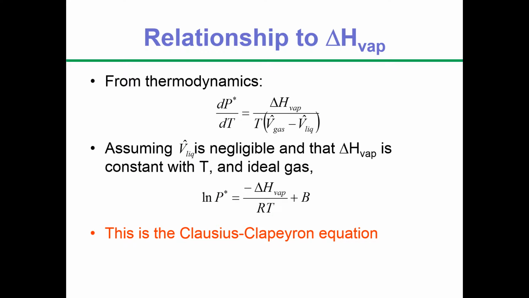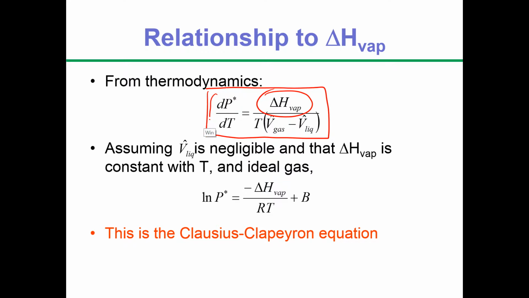Okay, so let's just look at the relationship to the heat of vaporization. How much energy per mole is going to be required to vaporize this compound? This is a correlation from thermodynamics.